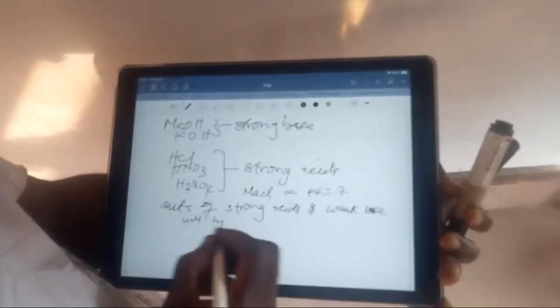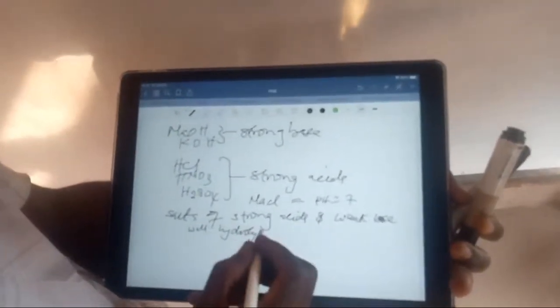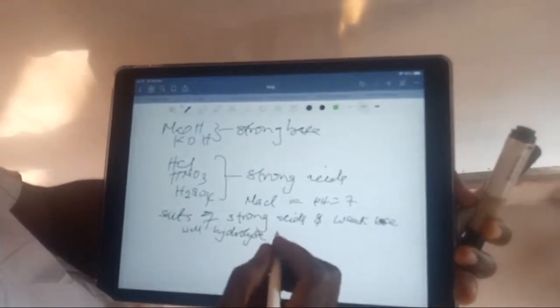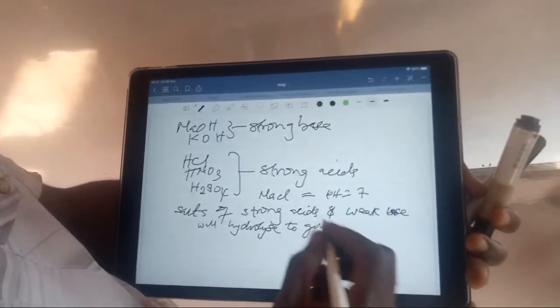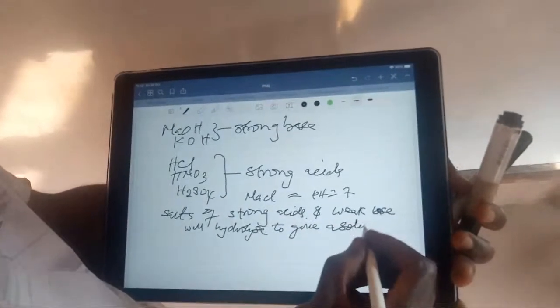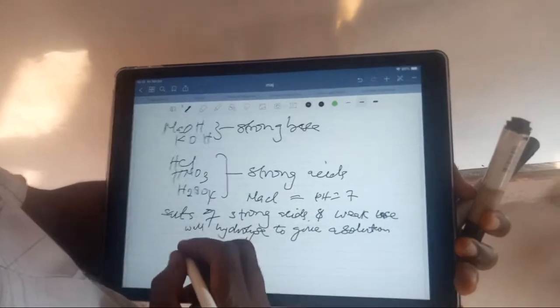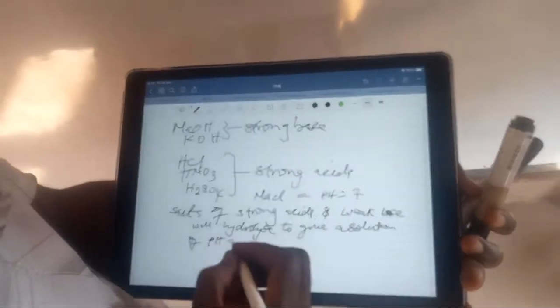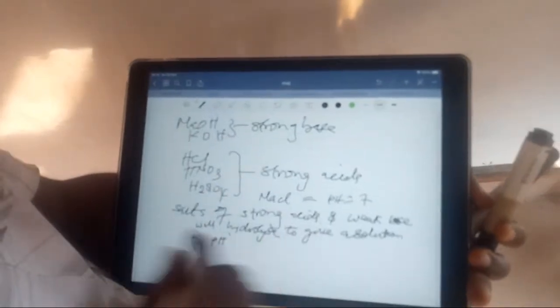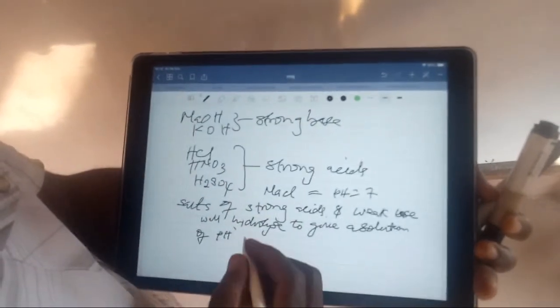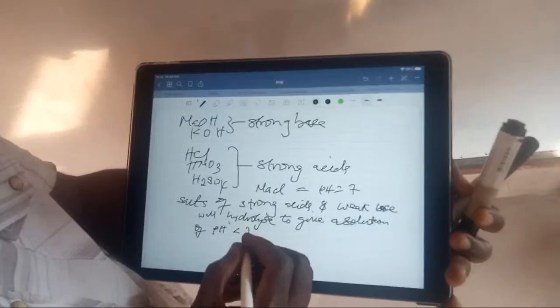This one hydrolyzes in water to give a solution of pH equal to what? A pH that is actually, strong acid, you know that acids have pH less than 7. Yes, pH less than 7.